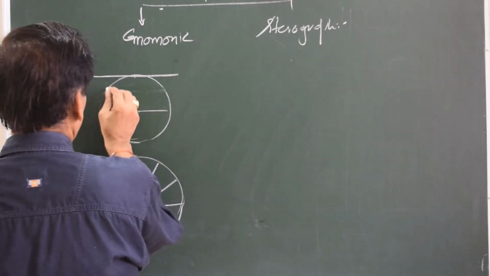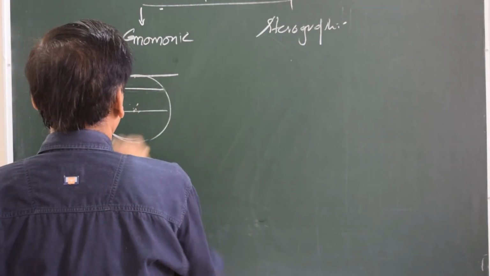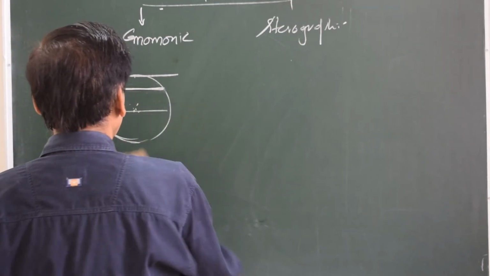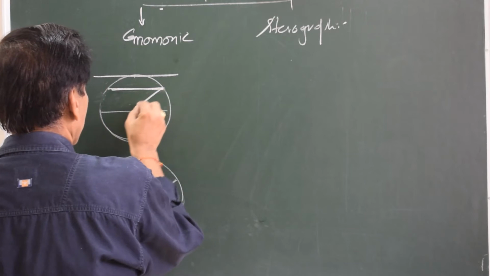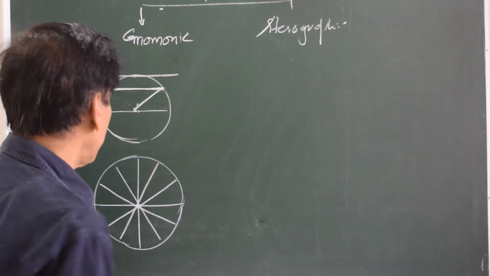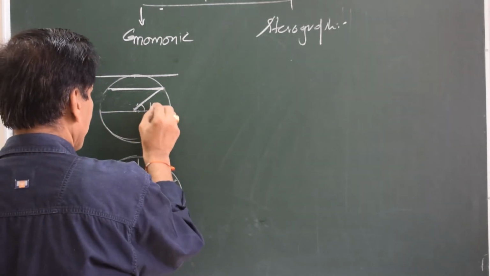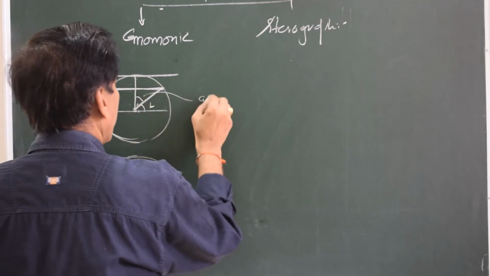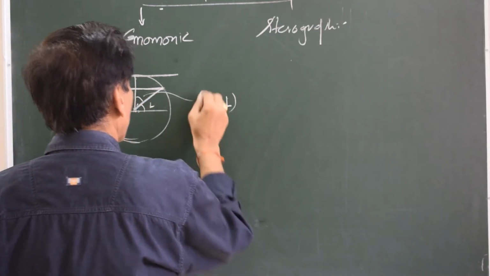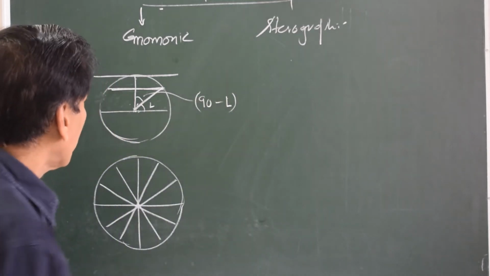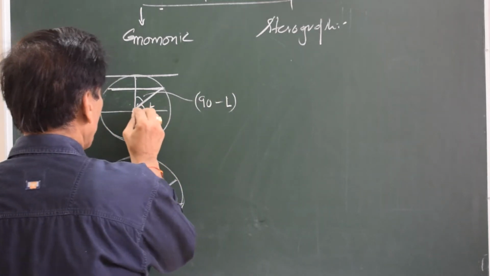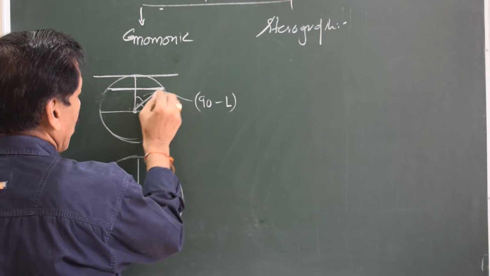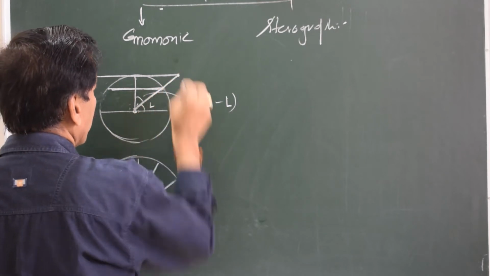But suppose I have to show, say, a parallel of latitude of 50 degrees, then considering the geocentric principle, this angle should be 50 degrees and this angle actually should be 90 minus 50 or 90 minus latitude. Now if the light is switched on here, the projection of this parallel of latitude would be over here.